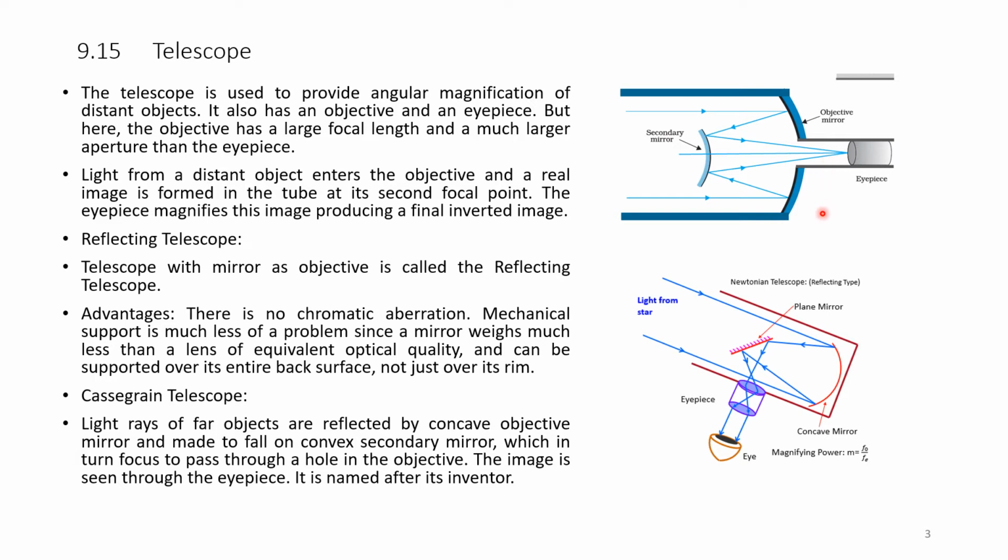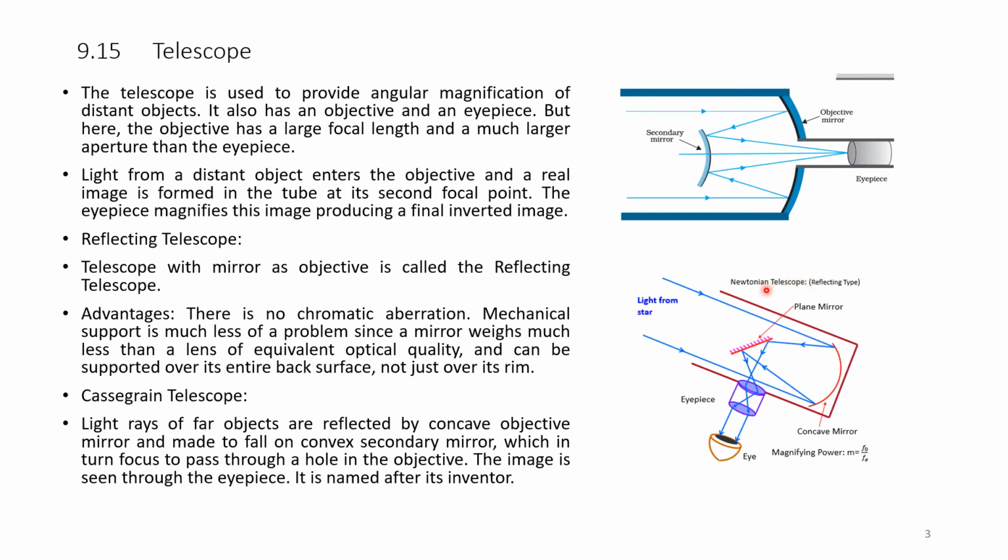Another example of a reflecting type of telescope is the Newtonian telescope. The only difference between the two is that both have a similar type of objective mirror, that is a concave mirror, but the secondary mirror in the Cassegrain telescope is convex, focusing towards the eye, whereas here it is a plane reflecting mirror.